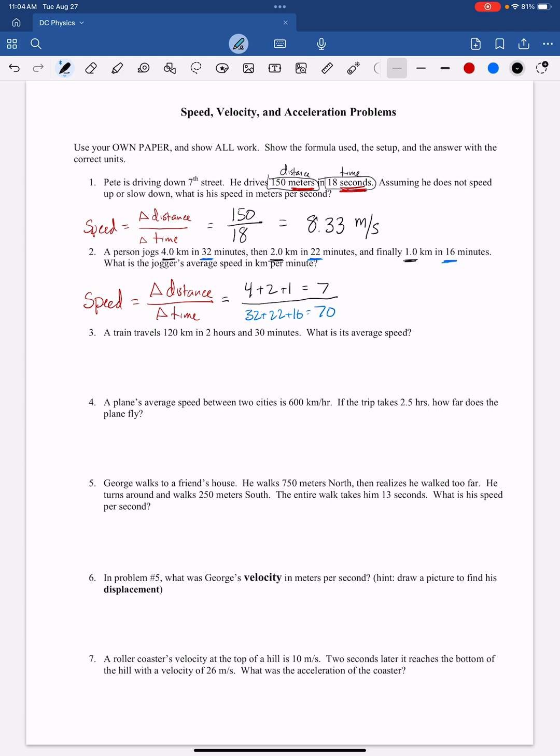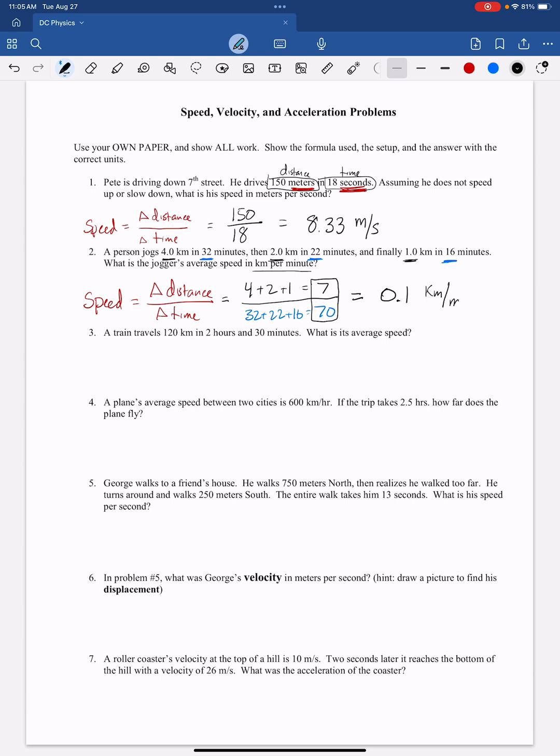If I do this math, I'm going to do 7 divided by 70. I'm going to get a total of 0.1, and this is in kilometers per minute.